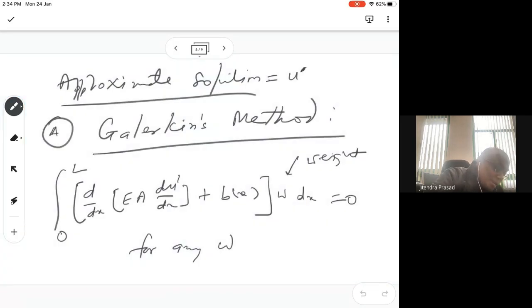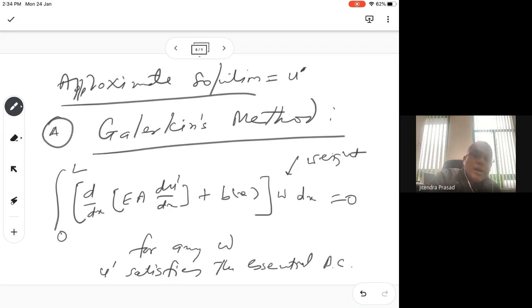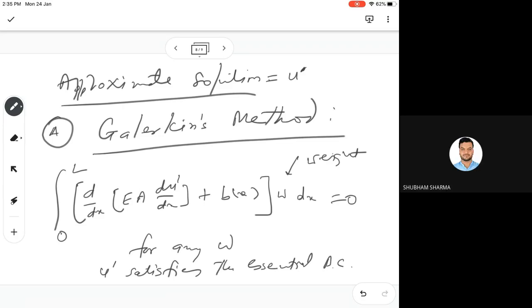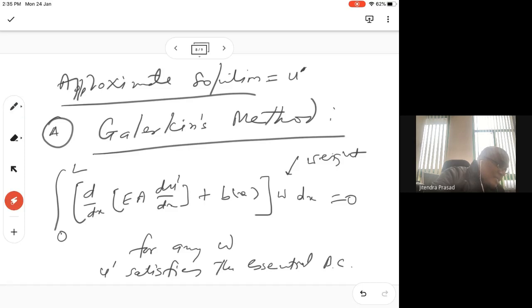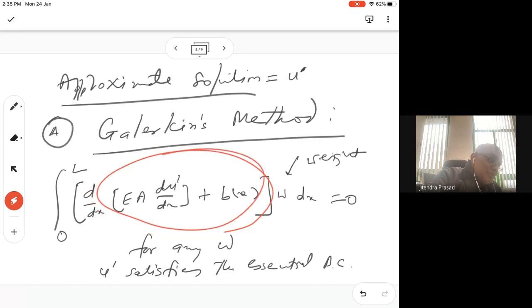So you can write here that u dash satisfies its essential boundary condition. The natural boundary condition we can check later on. But this is how the setup of the problem is.